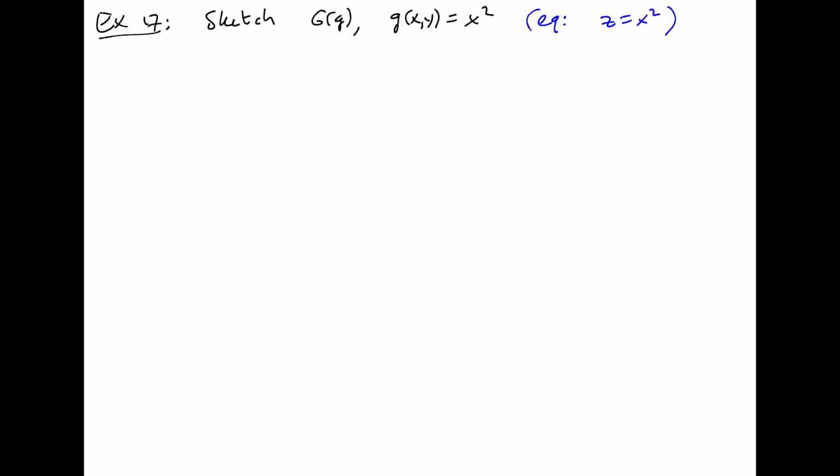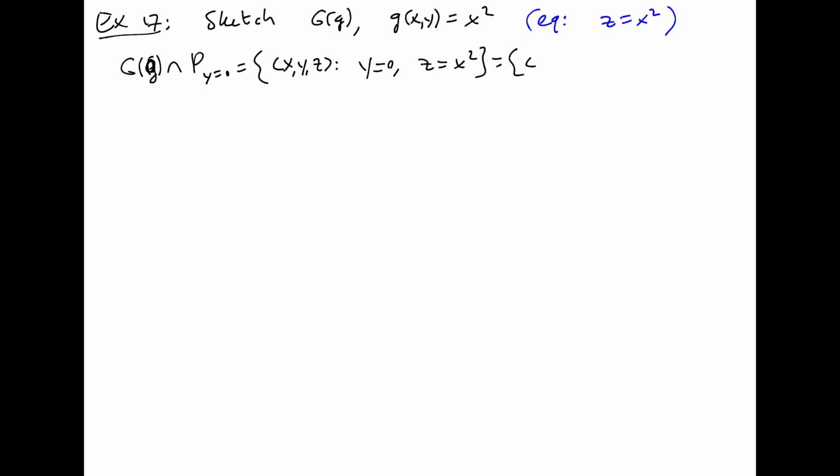Okay, so since y does not appear, let me first compute the intersection with the xz plane, so that's where y equals 0. So let's first look at the graph of g intersected with the plane where y equals 0. So as before, those are all vectors x, y, z, such that y is 0, and we have the defining equation, in our case z equals x squared.